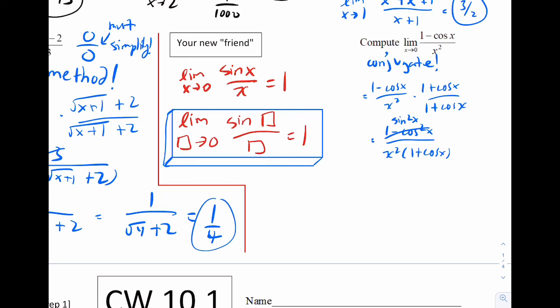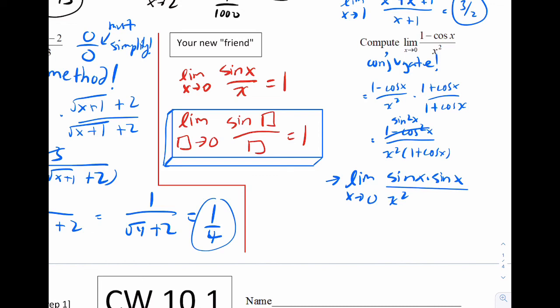Now look at our new limit. What we're trying to find is the limit as x approaches 0 of sine squared x over x squared times 1 plus cosine x. What I'm going to do is rewrite this a little bit for you. Let's think of sine squared x as sine x times sine x.